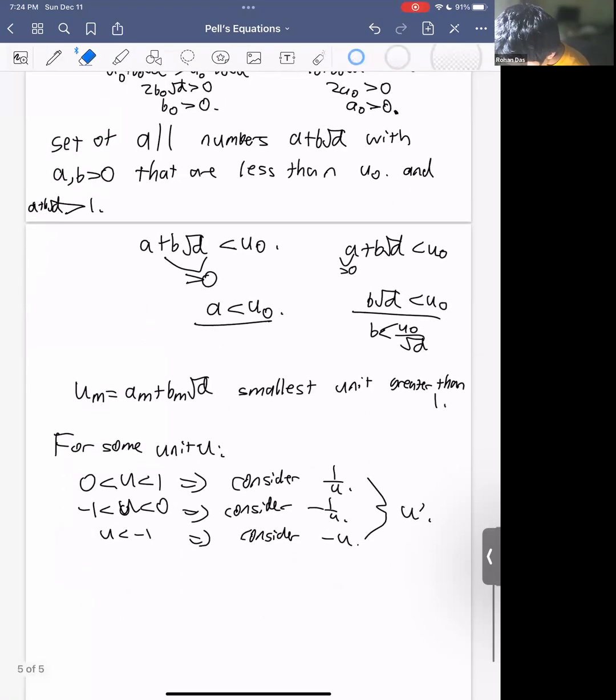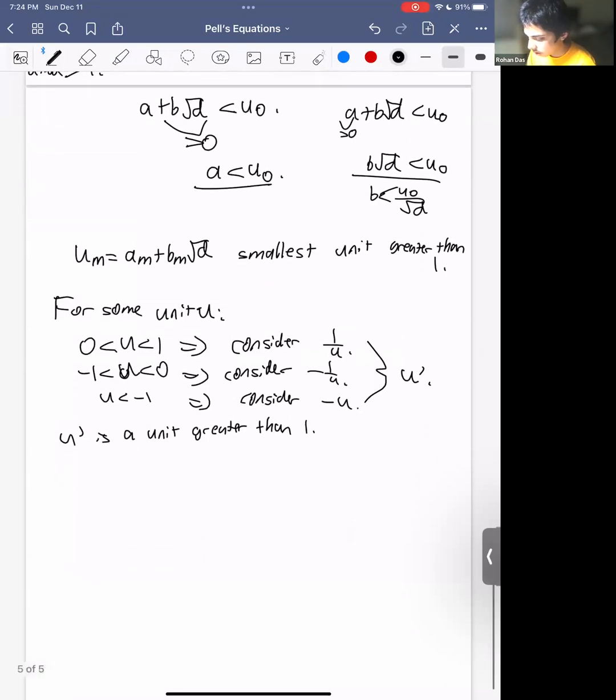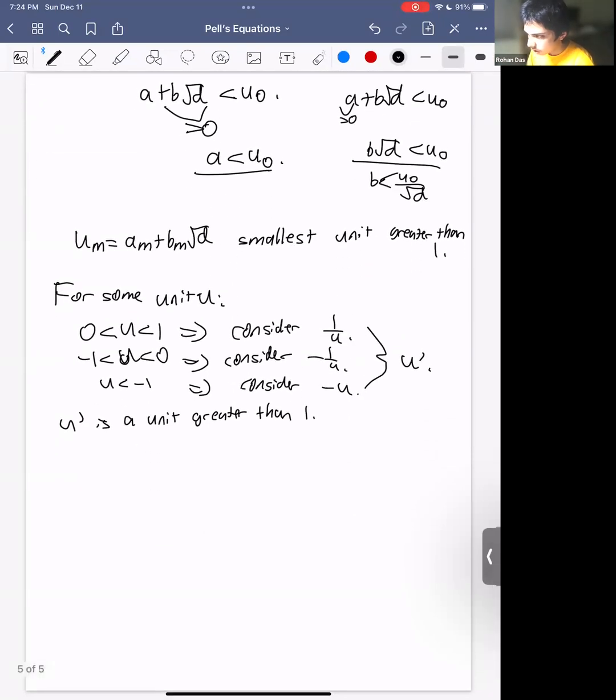Then u prime is a unit greater than 1. So it suffices to show that out of all units greater than 1, they are all some exponents of um. And we can show this by induction. Well, not really induction, actually.